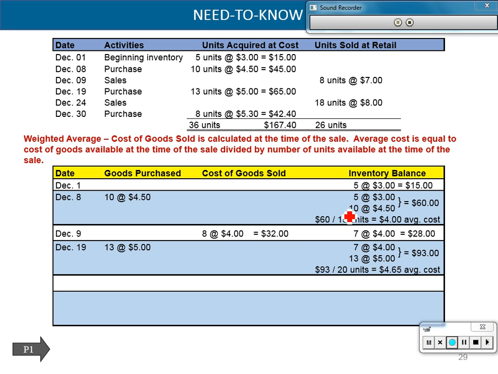So that gave us a total of how many units? 15 units. And they were worth $60 total. So $60 divided by 15 gives us an average cost of what? $4, which means when we sell these units, we're going to sell them at $4.